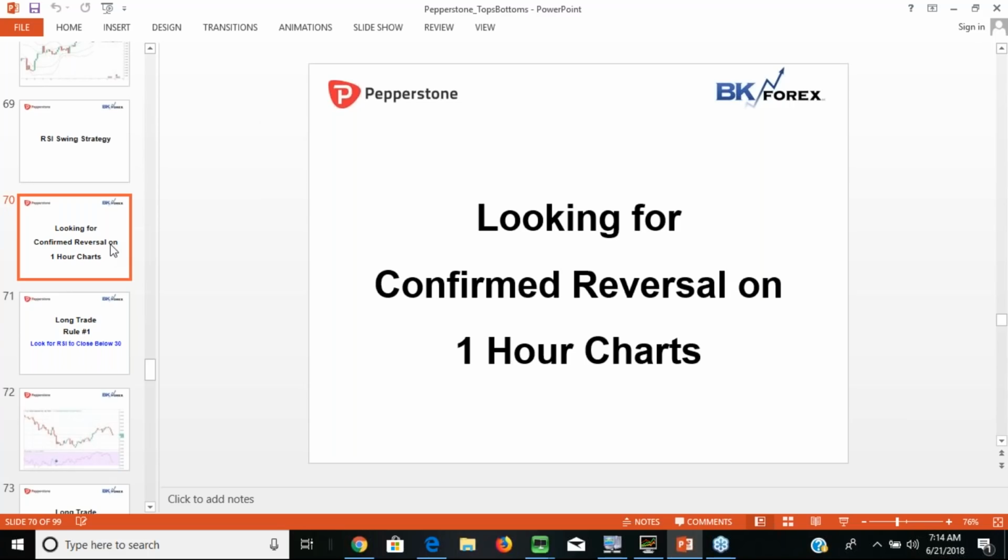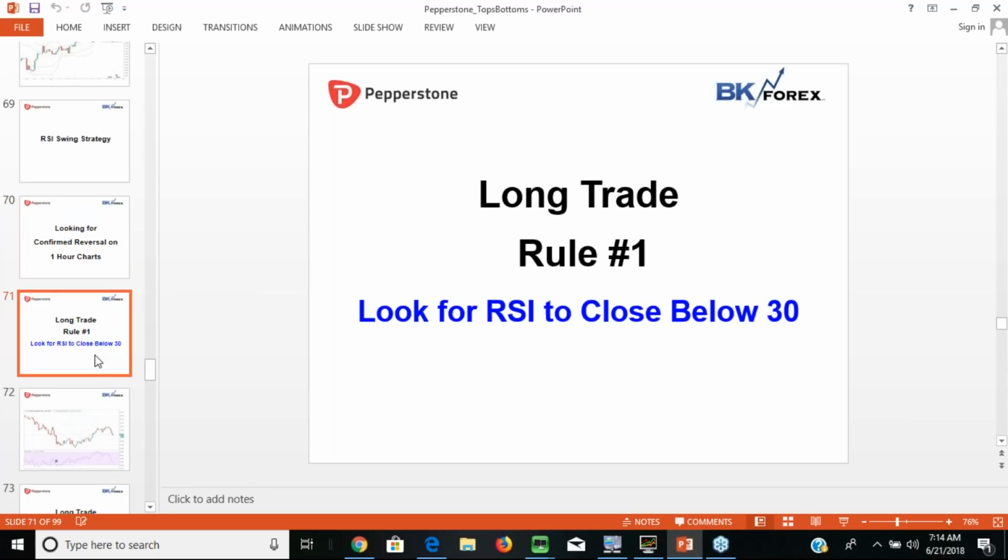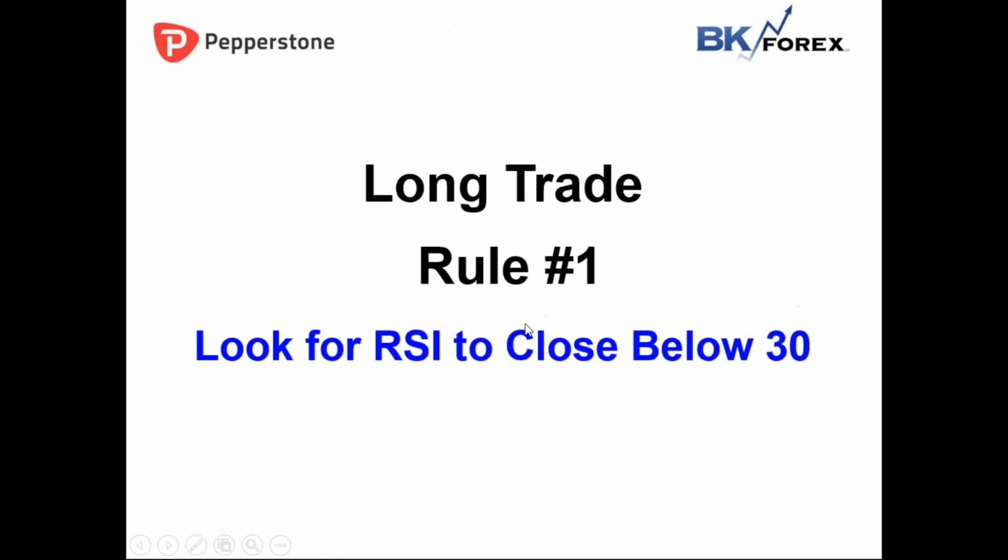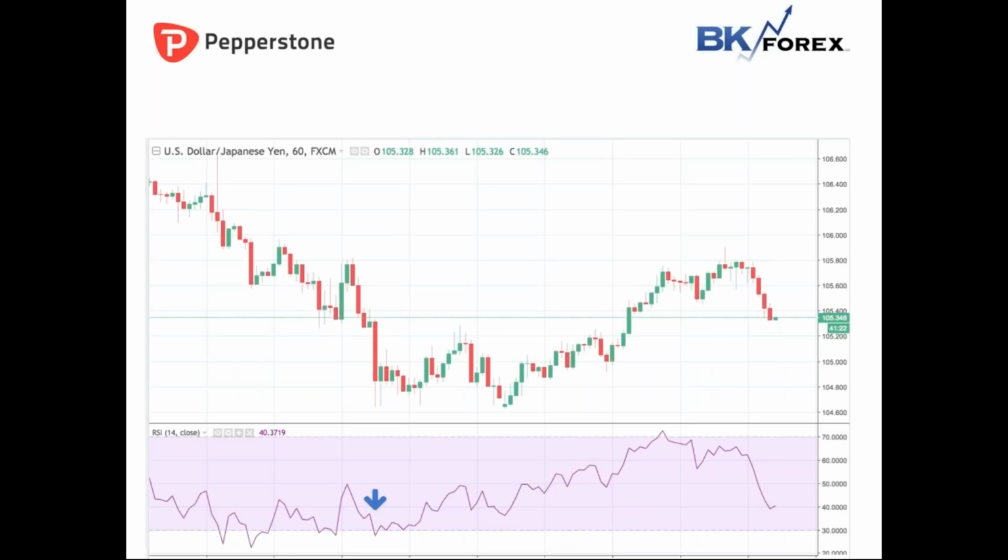So what that involves is basically you're looking for the RSI in a downtrend to close below 30. So it closes below 30 here, but just because it closes below 30 doesn't necessarily mean it's time to take the trade.